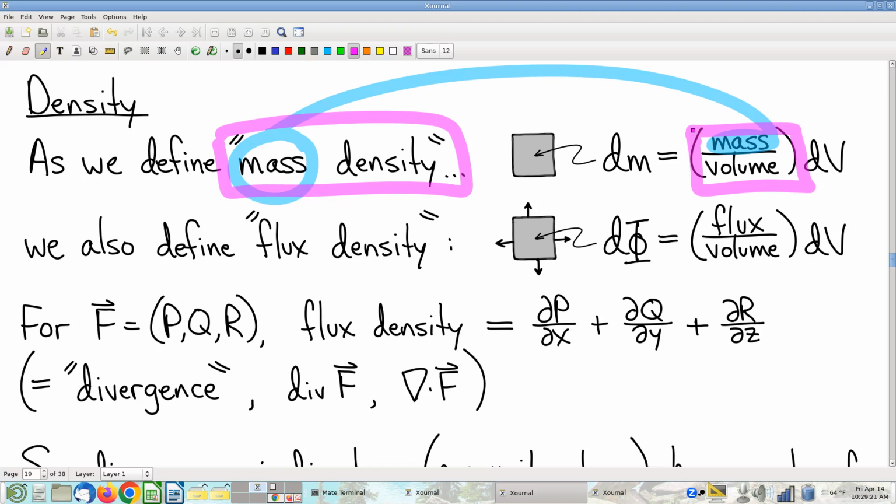Mass is an accumulating quantity. It has local locations. You can talk about where it is. You can talk about how much there is in a certain size. You can talk about how much of it there is per unit volume. Therefore, density is accumulating quantity per unit size. So mass density, the accumulating quantity is mass, etc.